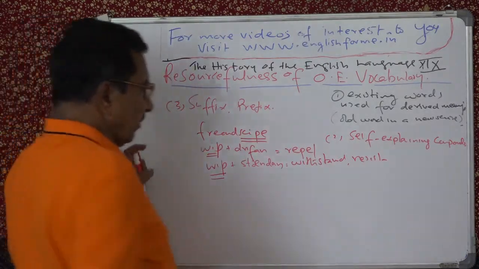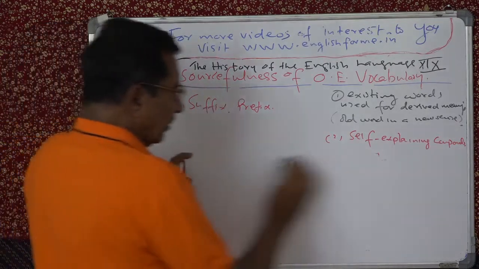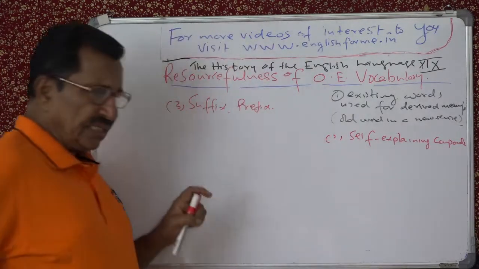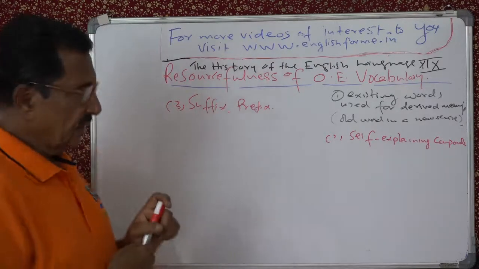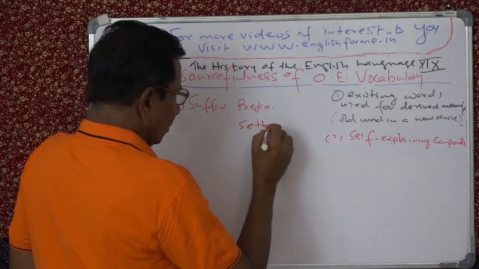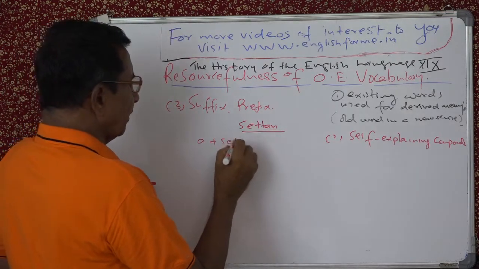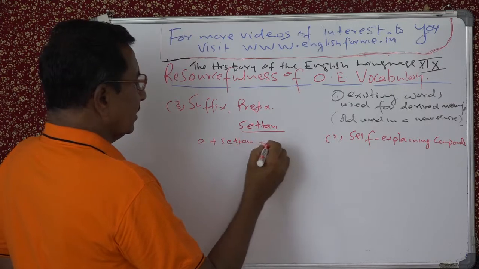A single word, for example, Satan. With that you can make how many words? Satan. See, Satan. This is the root. Now you have got a plus Satan. A Satan means place.